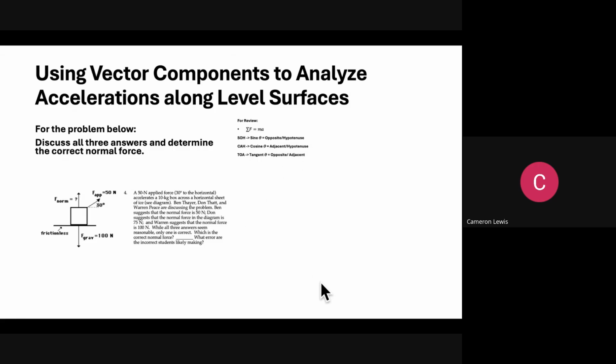Lakshmi, you want to come off mute? Talk about why you picked 75 for Don. We just have to find the y component first, right? So if we do the sine of 30 and use 50 as the hypotenuse, then the y component comes out to 25.